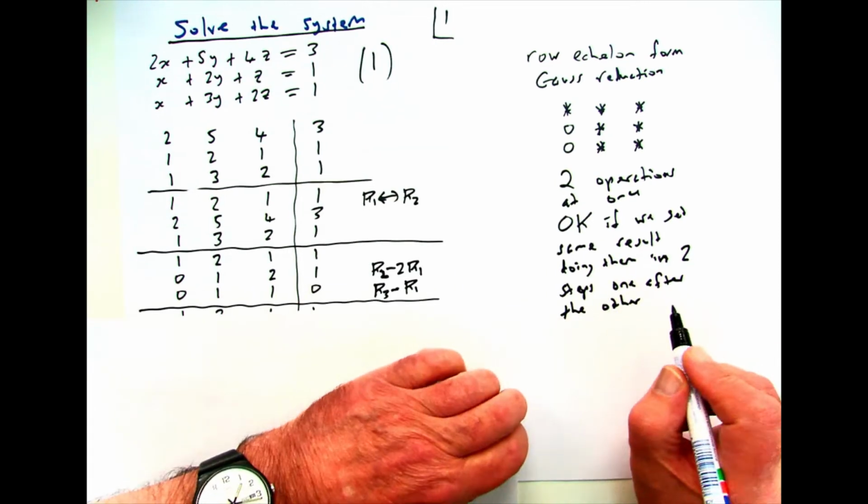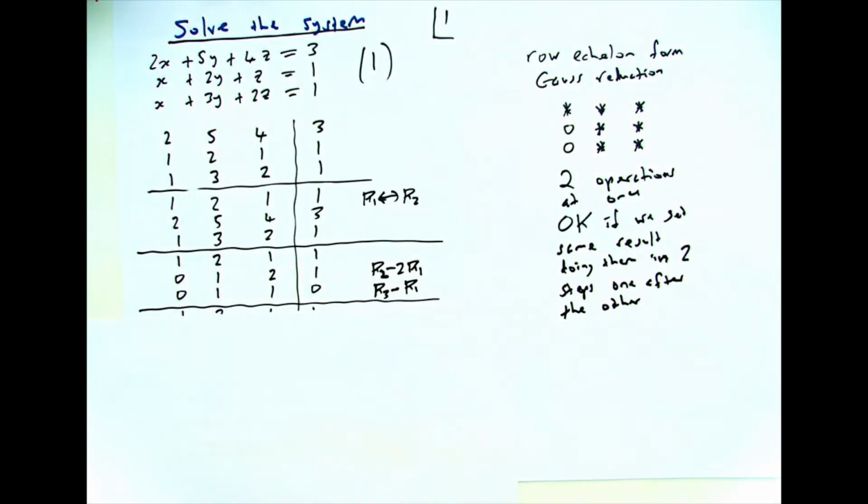Okay, so this is one of the ways we can go wrong with these row operations. We can do 2 steps at once, which couldn't have been done with the same result doing two steps one after the other.